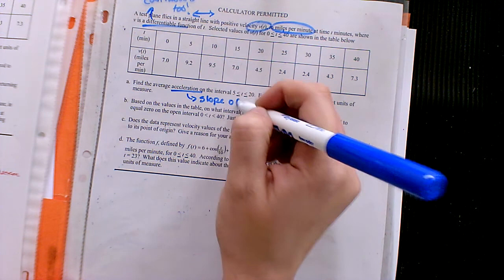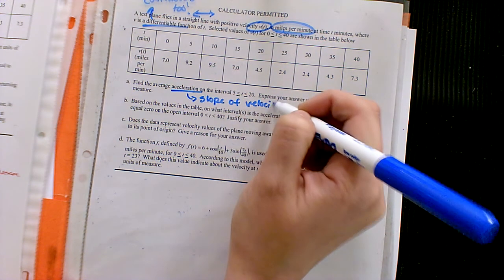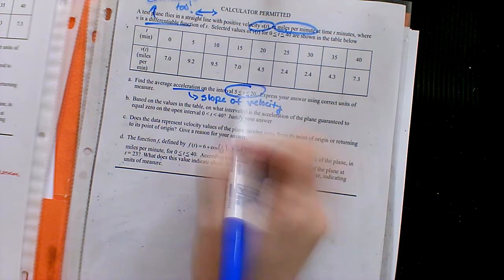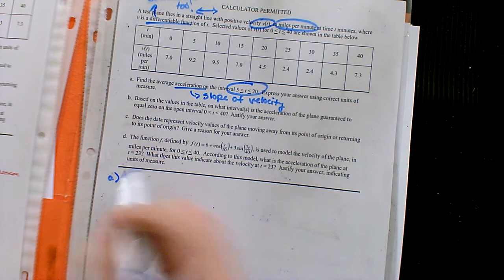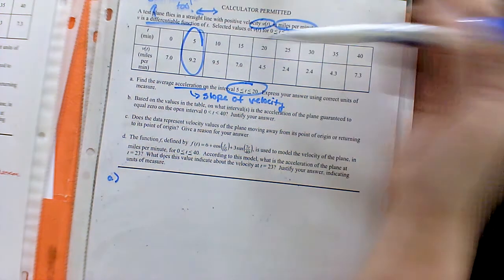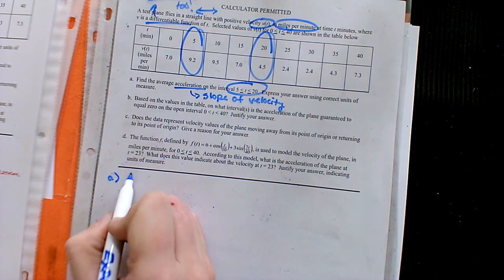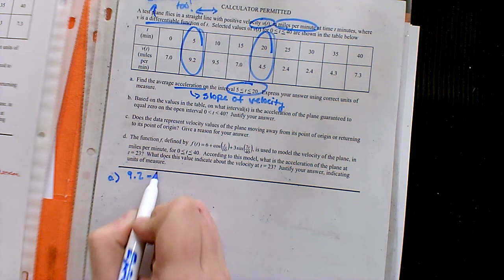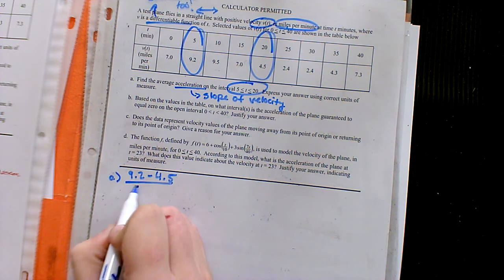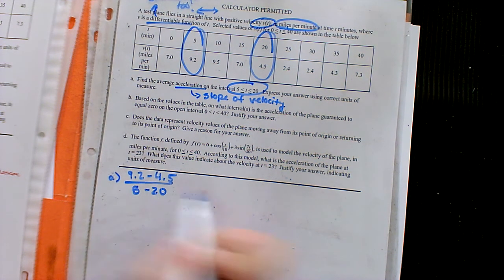Acceleration is the slope of velocity. So we need 2 points on velocity, specifically from 5 to 20. So, pick 5 and 20. We need the change in the y's, subtract the y's, over the change in the respective x's.